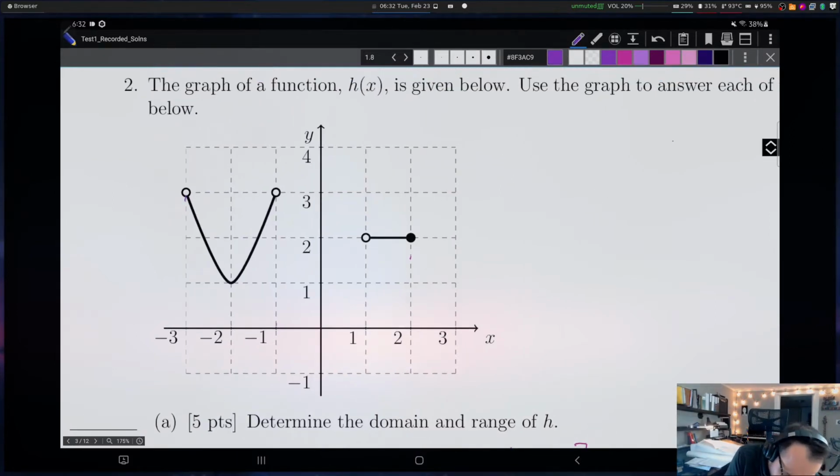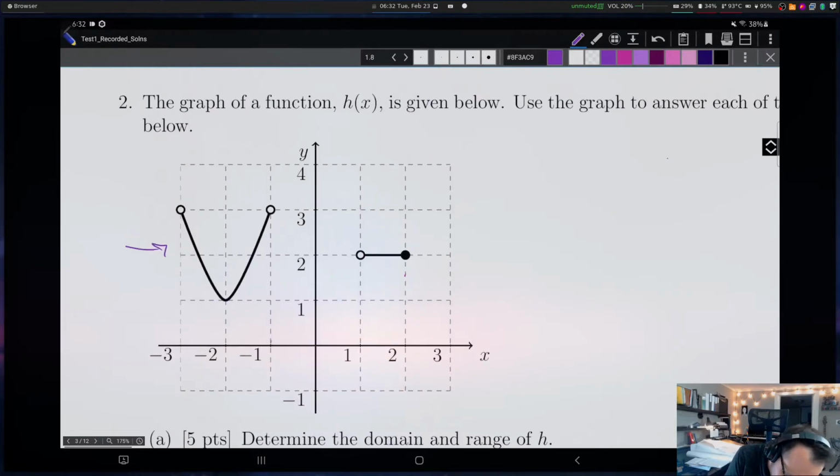So what's happening here, if I focus on this first piece on the left, I look over at what I'm seeing on the y-axis. This point is actually on the graph, there it is, so I can include this point here, that's an attainable output value for this function. And going up here, I'm seeing nothing but open dots, so when I trace this over here, I'm seeing an open endpoint to the interval there.